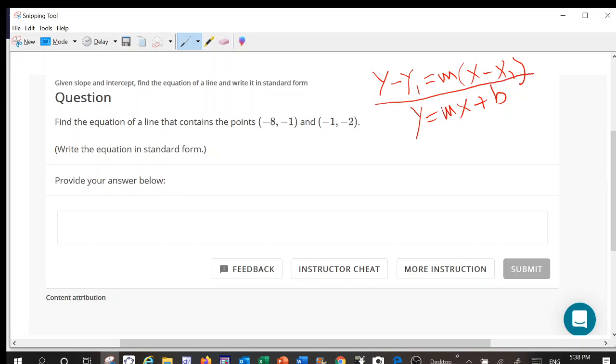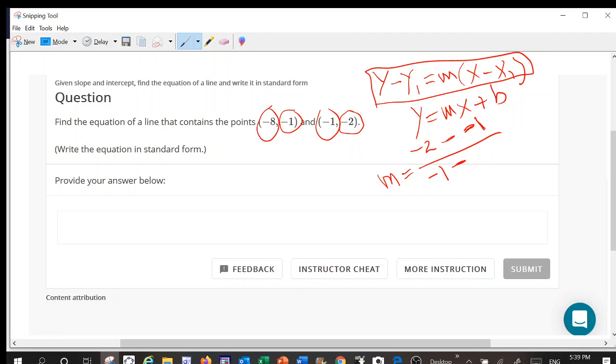Now we're going to use this because we have 2 points, so we can find the slope. So the slope would be something minus something over something minus something. So -2 minus -1 over 1 minus -8, which is -2 plus 1, that's -1, over 1 plus 8, that's positive 9.